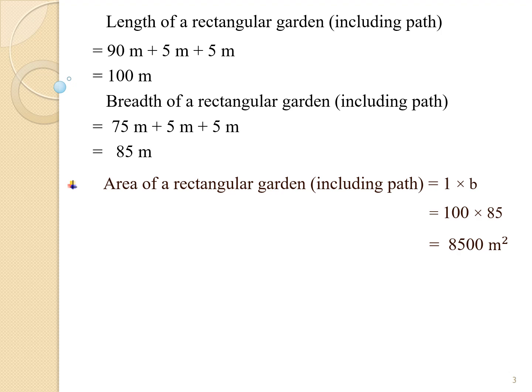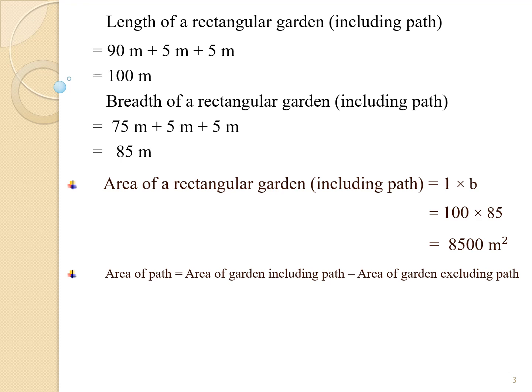Now, let us find the area of the path. We know that area of the path is equal to area of the garden including the path minus area of the garden excluding the path.